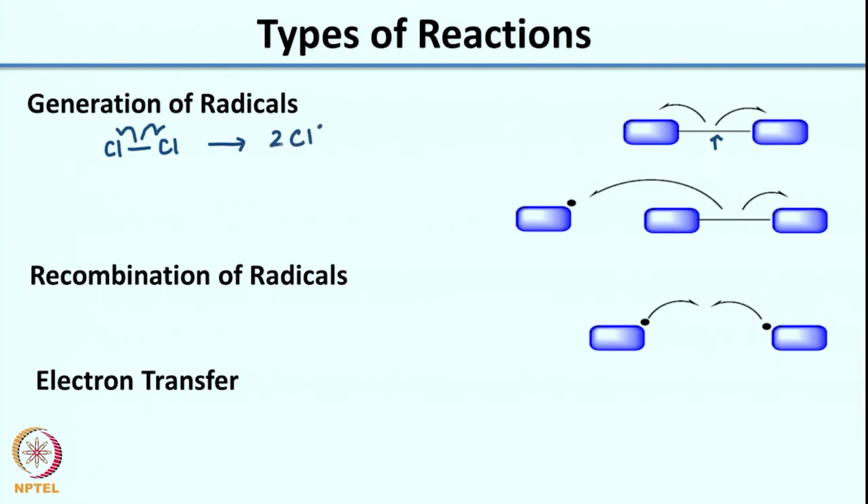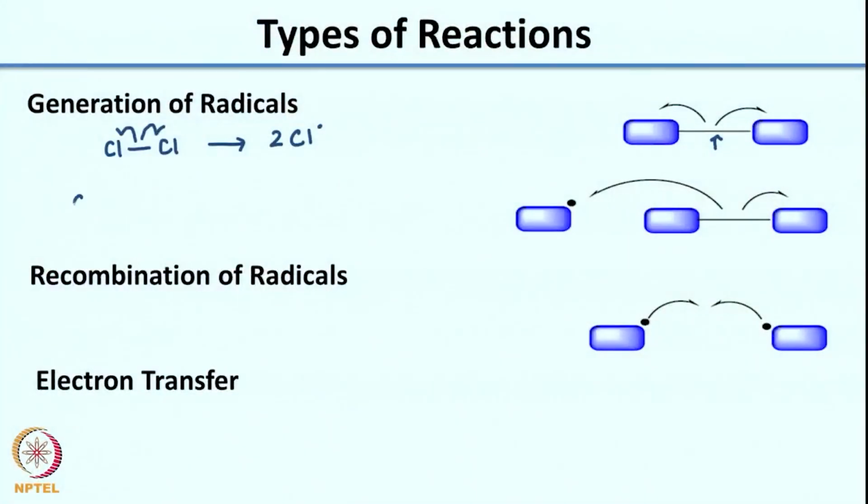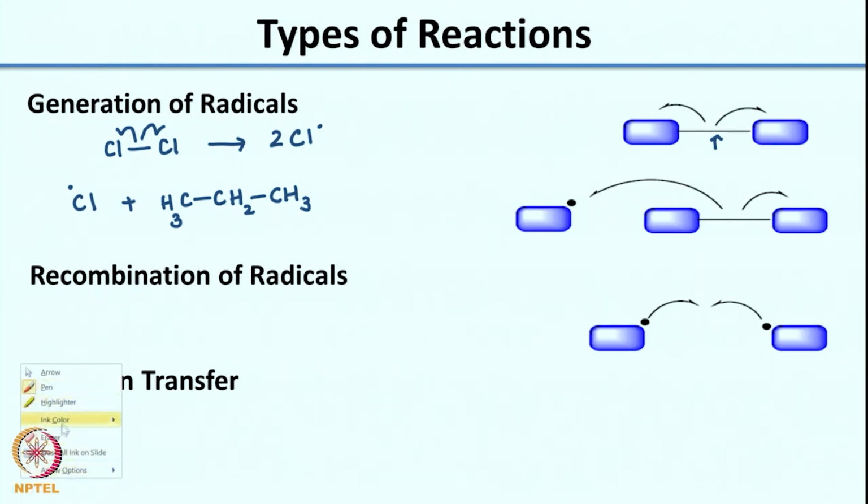Now radicals can also be generated where you have an already formed radical which interacts with an intact bond, leading to the homolytic fission of that bond. So what you can see is, you can think of again now this Cl dot plus... So now to indicate it clearly what I will do is I will actually show you the hydrogen.